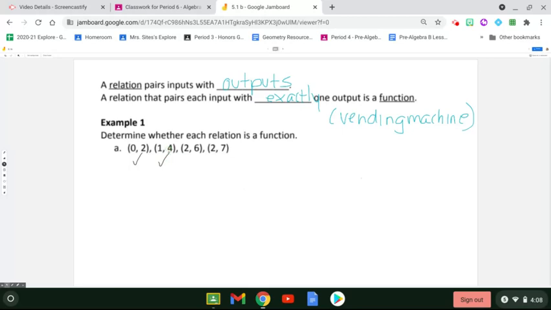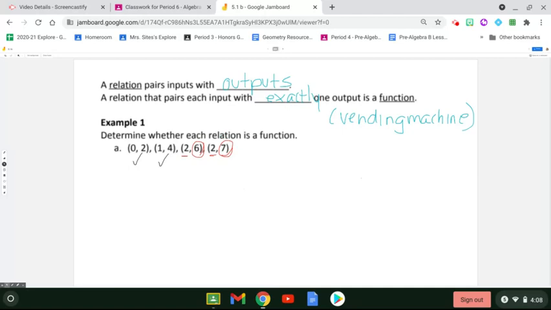All right, now I'm getting a little bit worried down here because I see the input value of 2 listed twice. So that means when I push the 2 on the vending machine, I not only got peanut M&Ms, but I also got the Twix bar again, okay? So do you see how whenever I have the input value of 2 listed here, it has two different outcomes. It has an outcome or an output of 6, and it also has an output value of 7 listed.